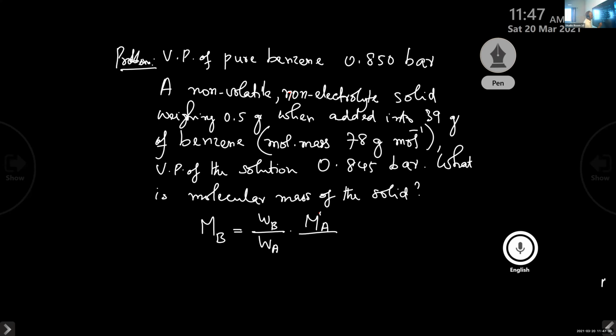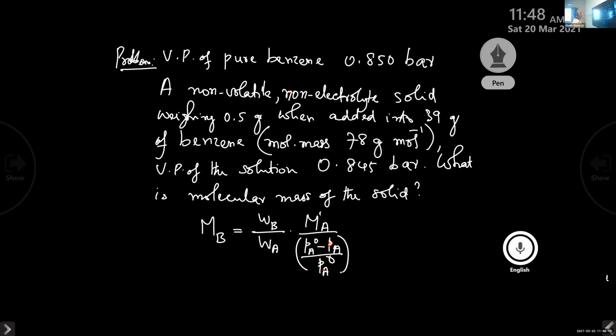So what is the equation? PA0 minus PA by PA0. That is the equation. Now we substitute the values.